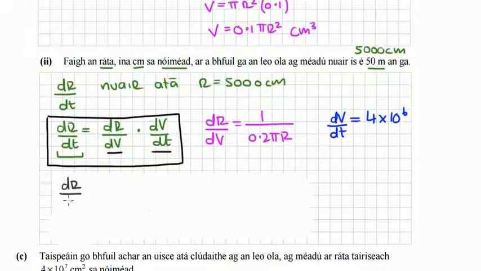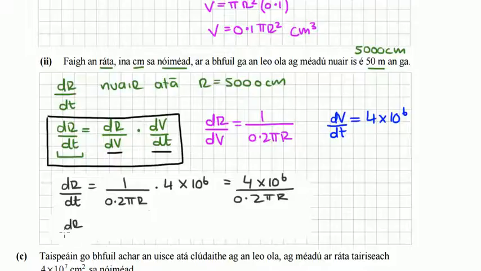So going back to our dr/dt, which is what we're looking for, we fill in dr/dv, so that's 1 over 0.2 pi r, multiplied by 4 multiplied by 10 to the power of 6, and we simplify. So we're looking for dr/dt when r is equal to 5,000. So we substitute r in.